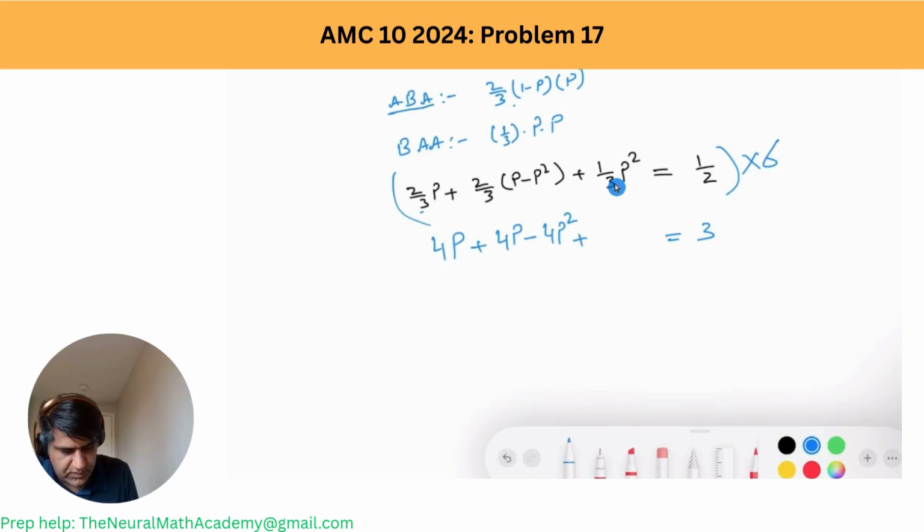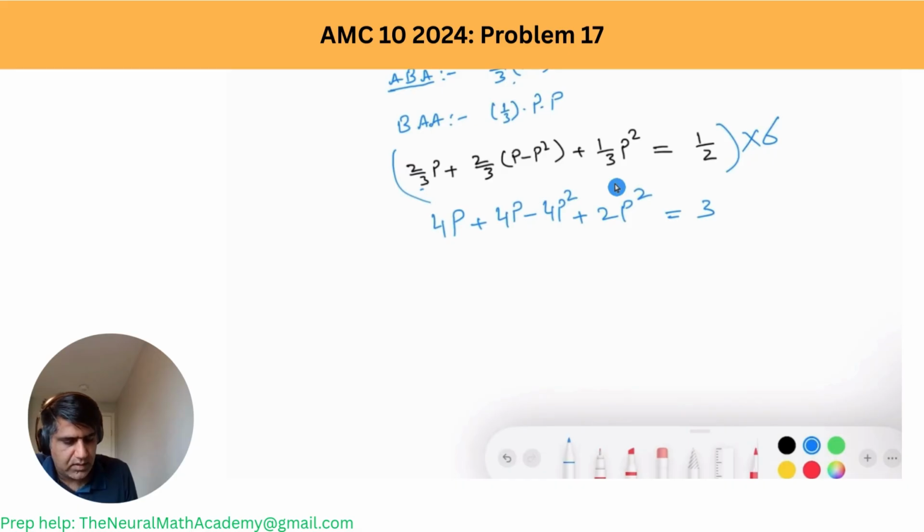And plus I would get then 2P square. And now if I simplify, I would get minus 2P square plus 8P minus 3 equal to 0.